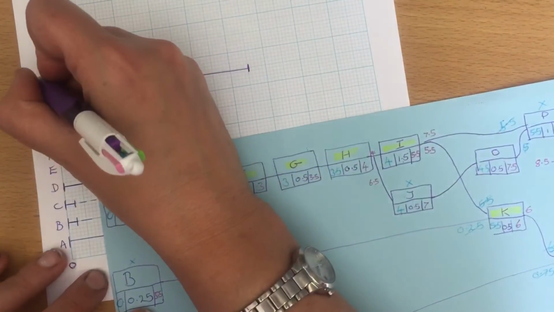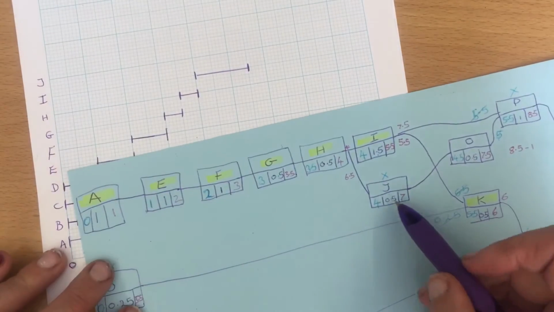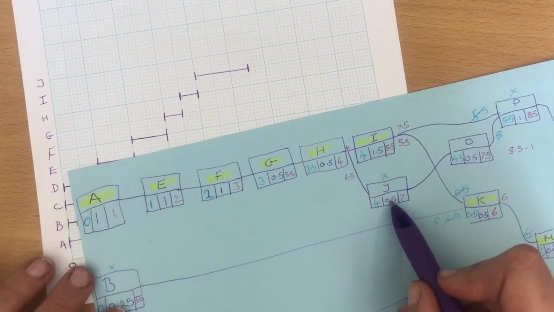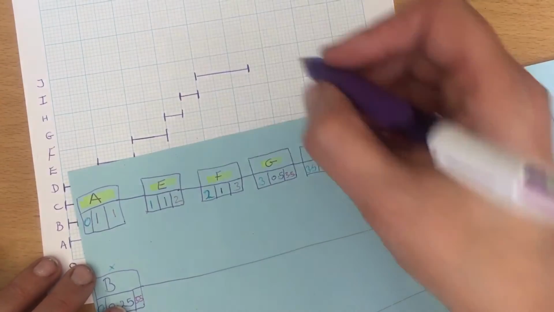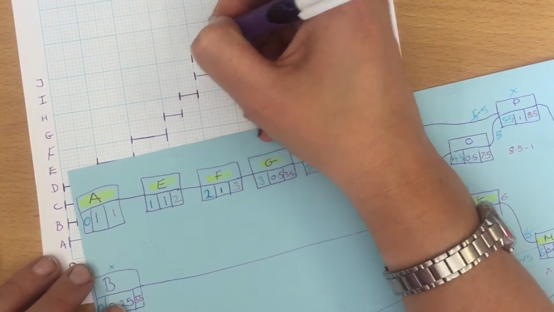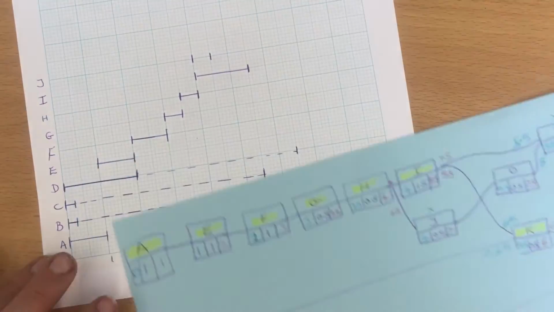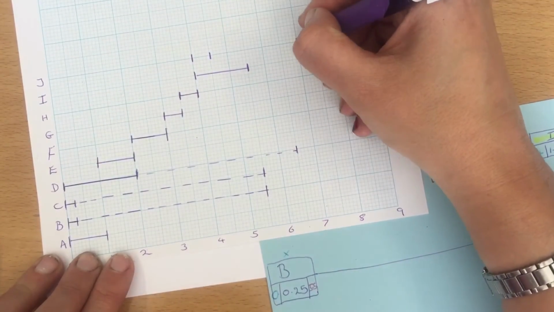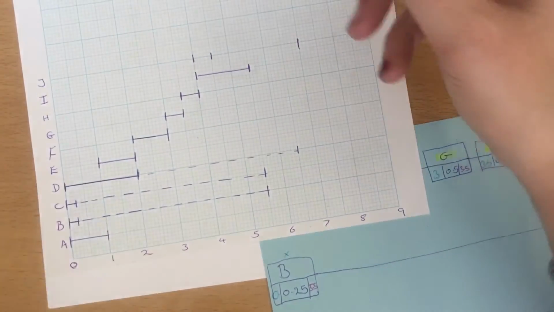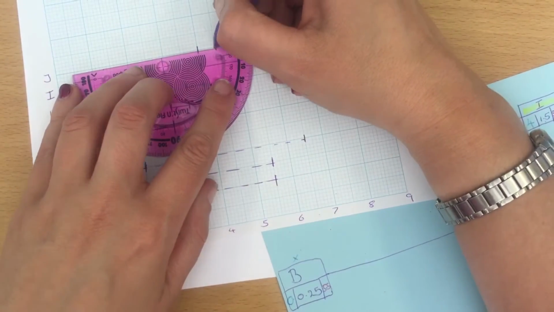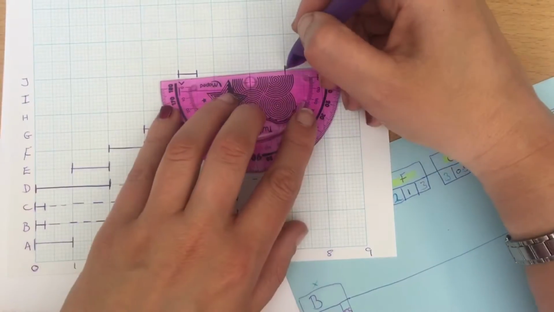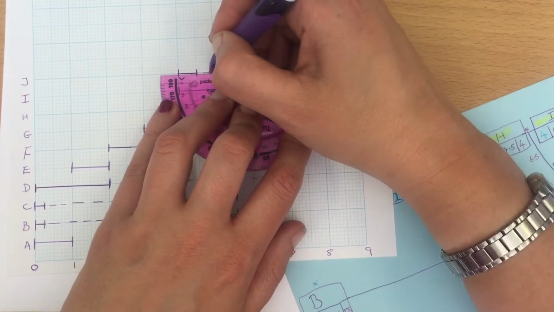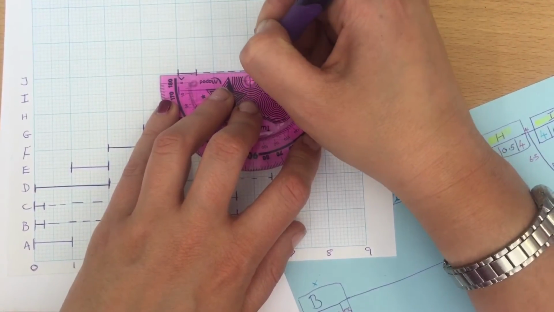So nervous, yeah. Really. J starts at 4, goes along 0.5 and finishes at 7. So starts at 4, goes along 0.5, but finishes all the way over here at 7. So this bit is going to be solid because that's when we're working, and this is our float, which is the time, which is a little bit flexible.